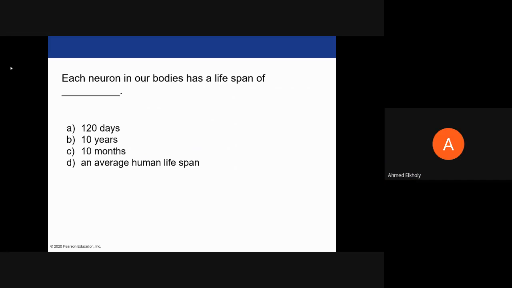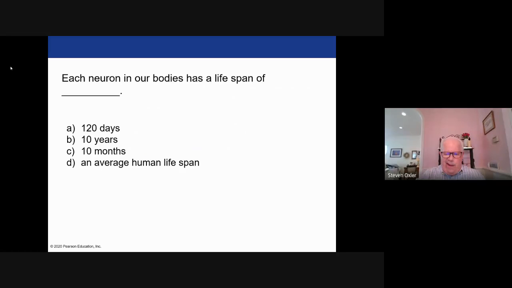That's not the correct answer. D. They last forever, unless you kill them. And you can easily kill them by taking alcohol or other drugs. But the average lifespan of a neuron is your whole life.